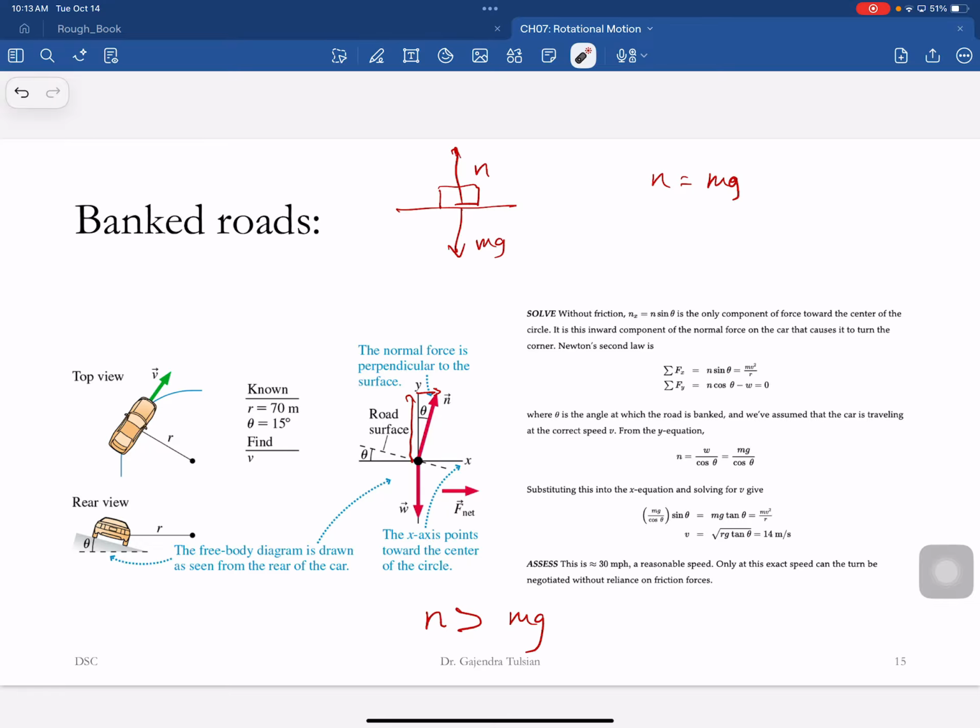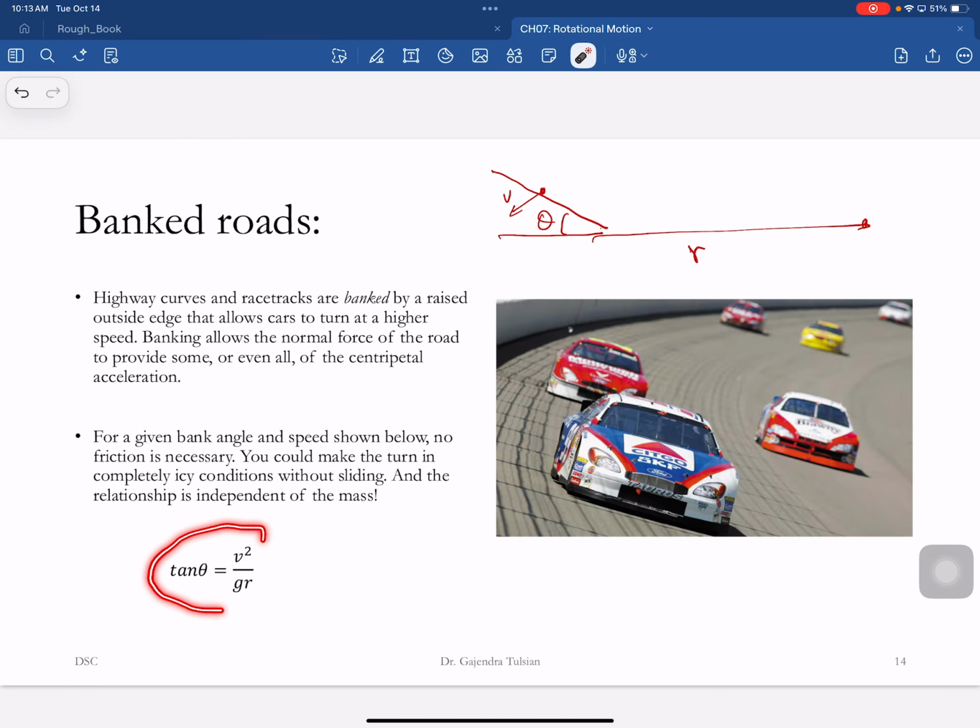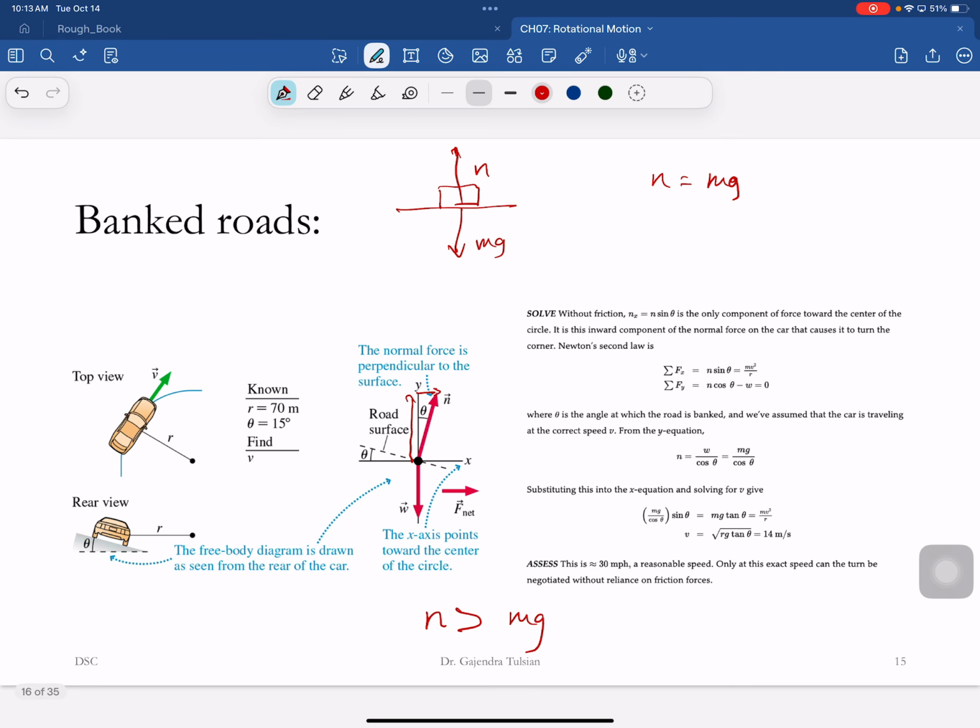So if you don't want to use any friction on a road like this, this is the angle, and this is the speed at which you need to go. That's what's given here: tan theta is v squared by g r. R is the radius of the circle, g is the acceleration due to gravity.